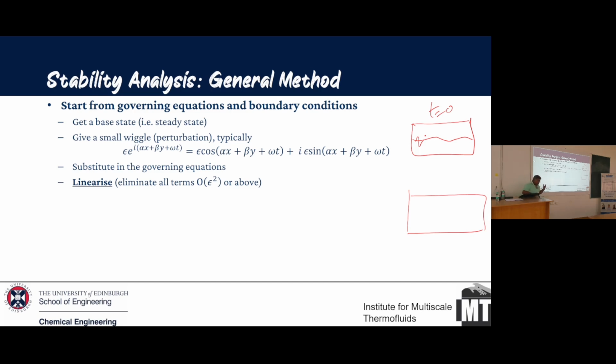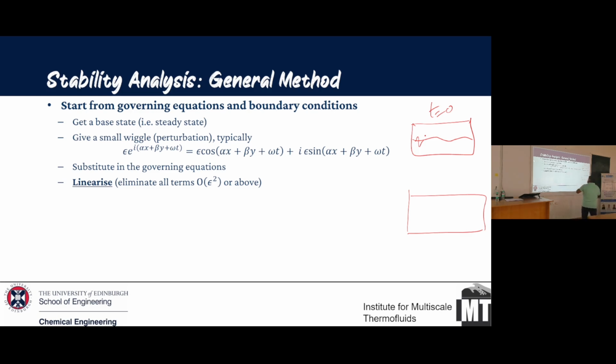Typically any disturbance can be represented in a Gauss form, and it will have a cos component and a sine component. Typically it's a complex perturbation. One of the things I should tell you is both the real part and the complex part have a huge role to play.